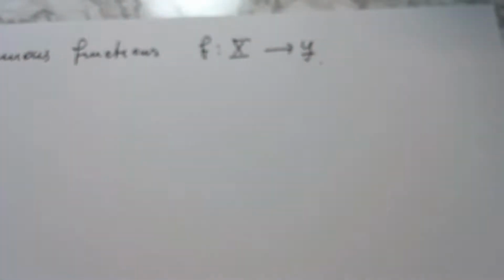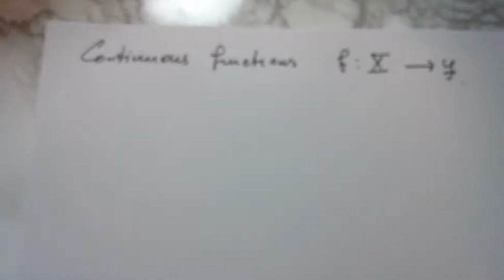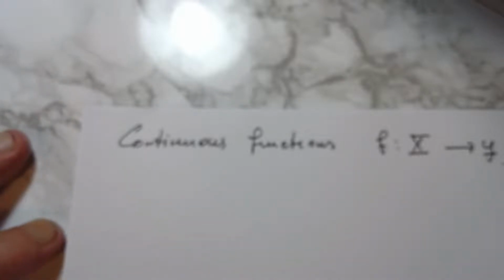And remember that in chapter 2, we studied all sorts of funny notions. Why does this paper not look very good? We studied all sorts of funny notions of open sets and closed sets, and of course, continuity of a function relates to those notions.